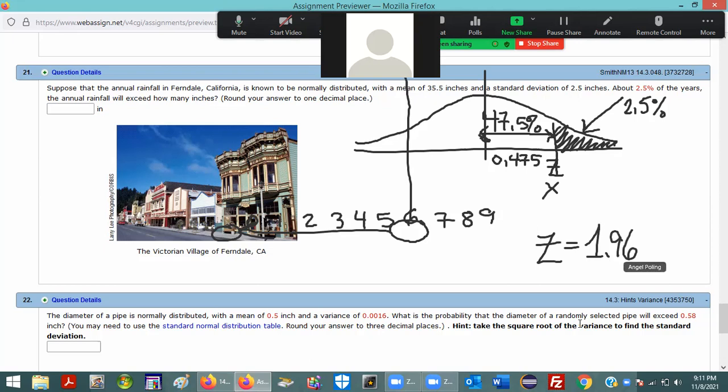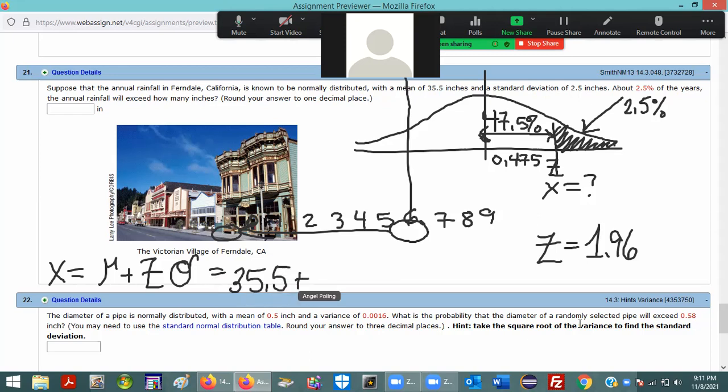Now, what's X, right? Because X is the question. X is the mean plus the z-score we found times the standard deviation. The mean is 35.5. The z-score is 1.96, and we're going to multiply that onto the standard deviation of 2.5. 2.5 is the inches of the standard deviation, coincidentally also that percentage.